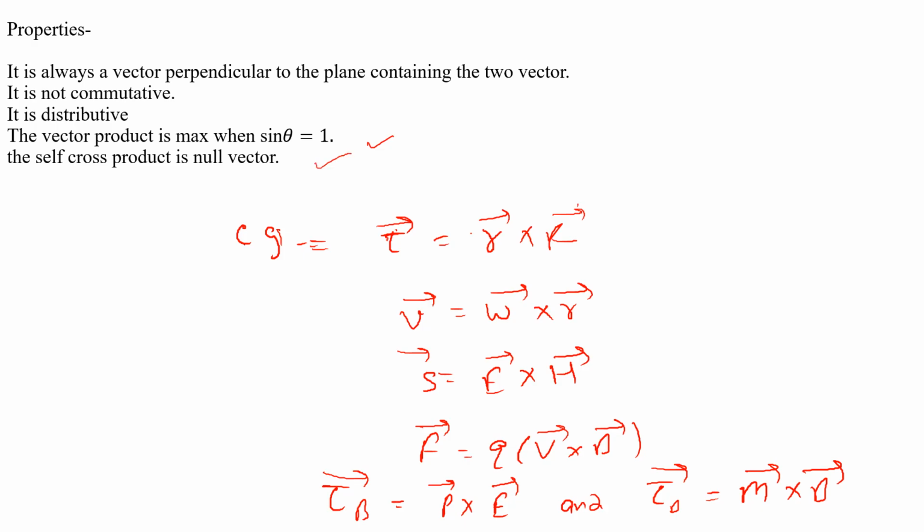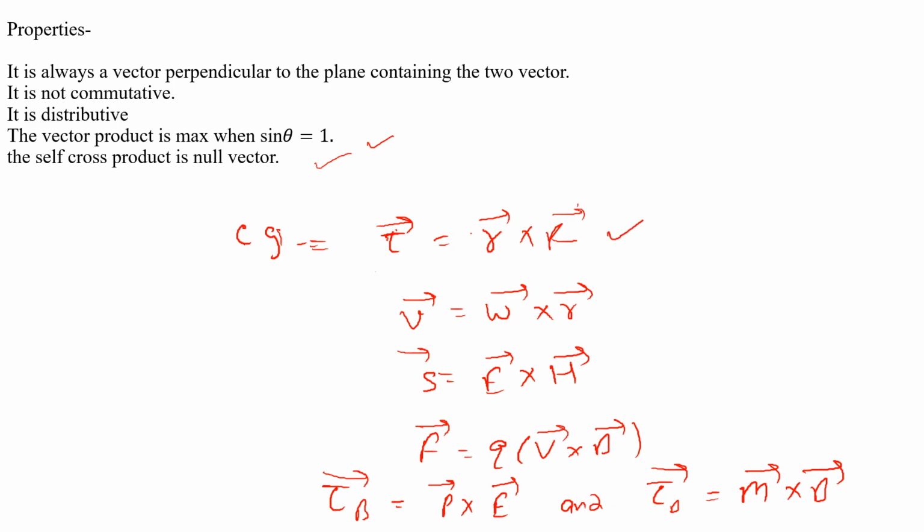So we can also discuss some examples. First, since the vector product of two vectors is a vector, many vector physical quantities like torque, angular momentum, velocity, and force on a moving charge in a magnetic field can be expressed as a vector product of two vectors. So we can see torque.